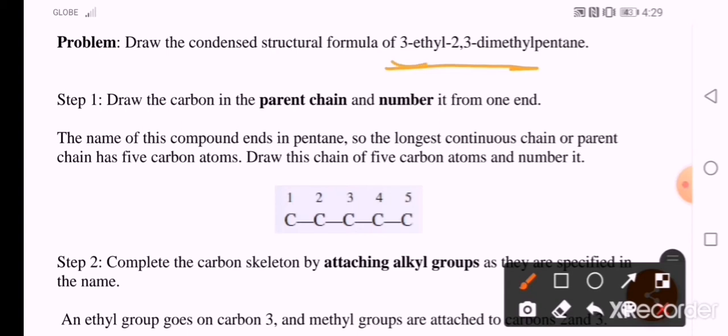So on the third carbon atom, you're going to attach ethyl group. And remember, ethyl group has, because of its prefix eth, it should have 2 carbon atoms. And for the methyl 2,3-dimethyl, meth means 1 carbon atom and the di means there are 2 methyl groups.